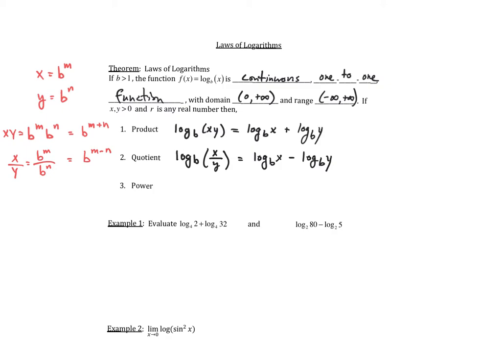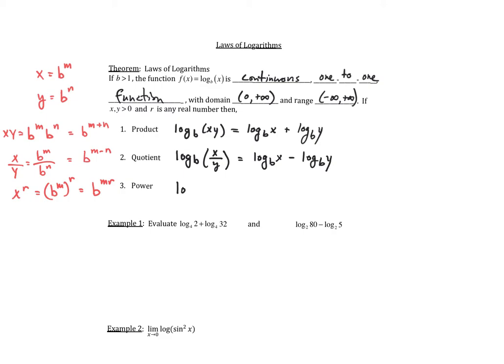In the final law of logarithms, we have something like x to the r power. And how is that expressed? That's really b to the m raised to the r power, sorry. And that's going to be just equal to b to the m times r. Right, so how do we express that as a logarithm law?